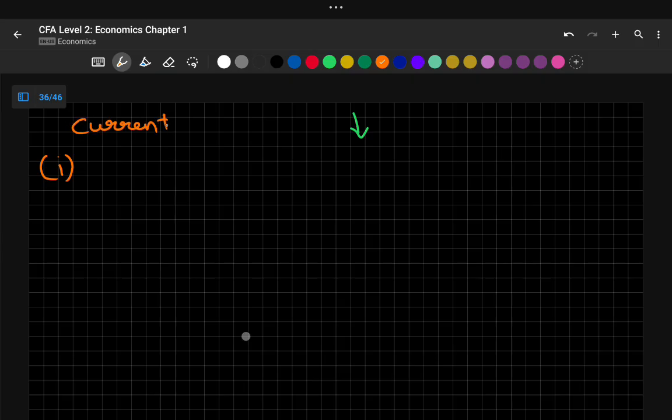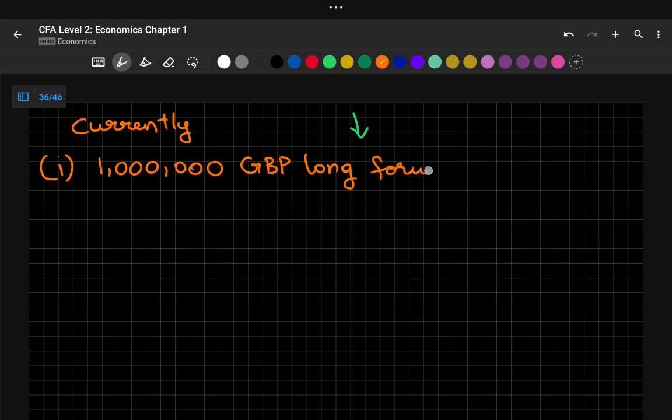Currently, the contract Ria holds is a 1 million GBP long forward contract, which would settle in 3 months.